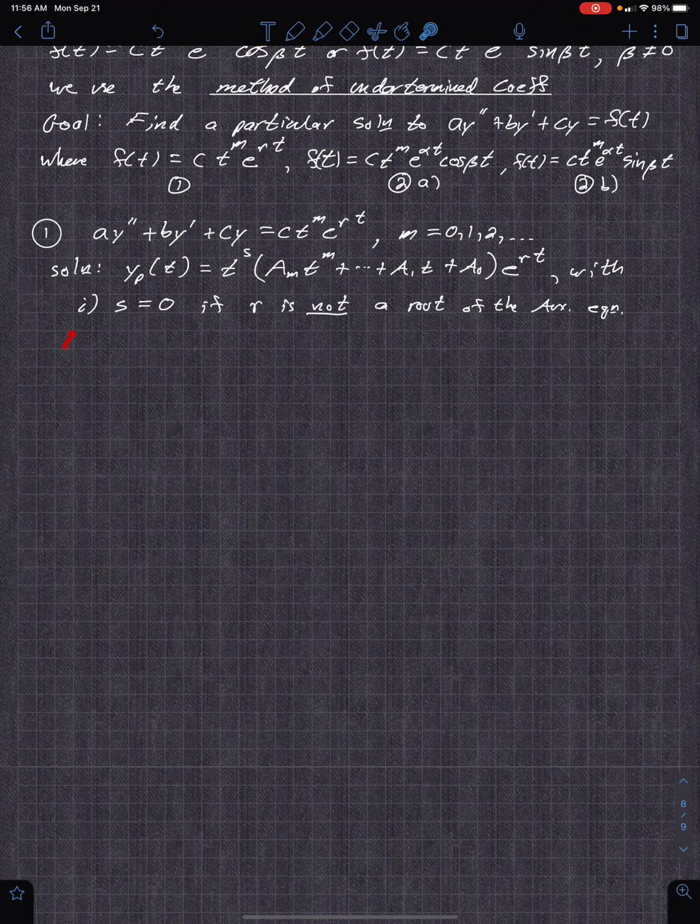Okay, so then you have 2 more cases. s is equal to 1 if r is a simple, distinct root of the auxiliary equation. It's just one, like it's distinct.